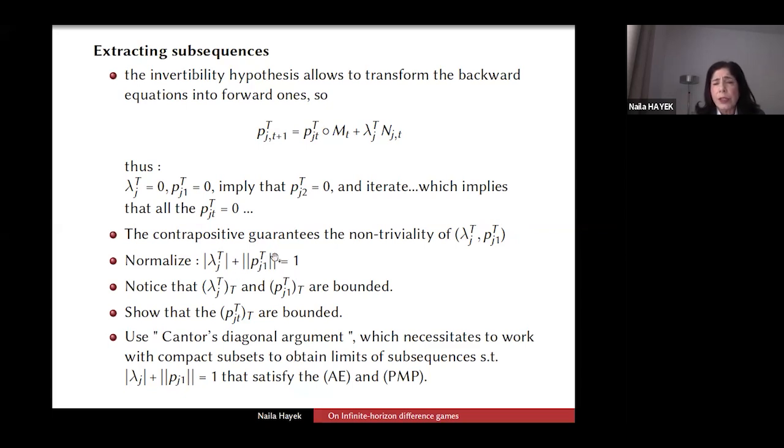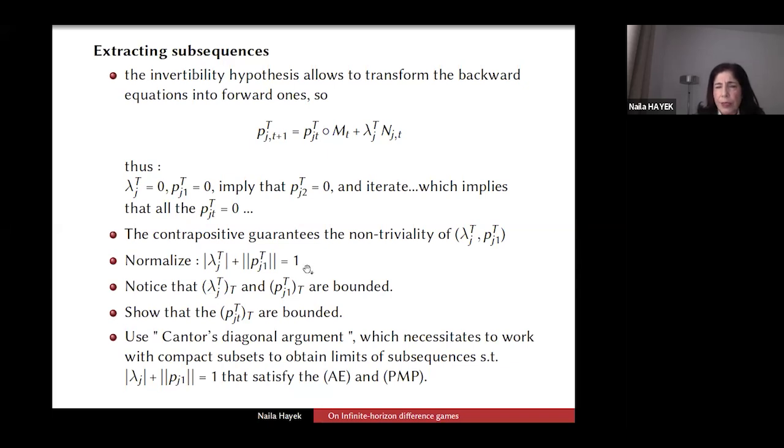When you have this, notice that we have this for every big T in N, in the set of integers. So it's very easy to see that for every T, the sequence lambda_j^T is bounded, okay?